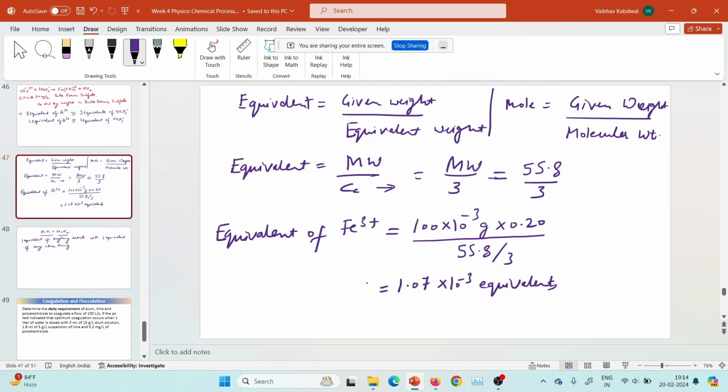So this much amount of Fe will require this many equivalents of alkalinity.